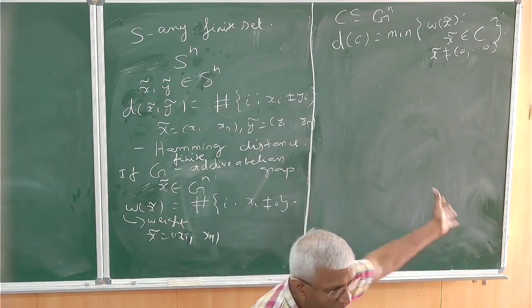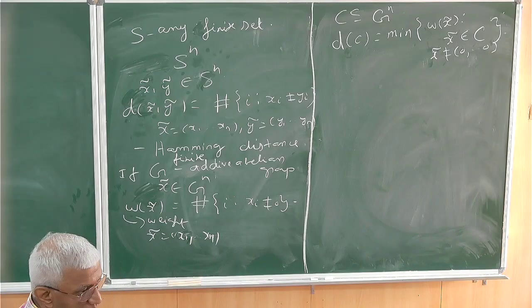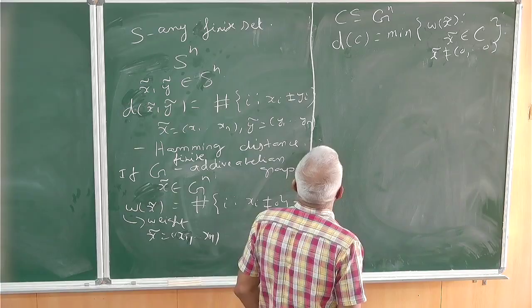G^n is also a group, and the identity is not the additive zero in that. This is d(C).